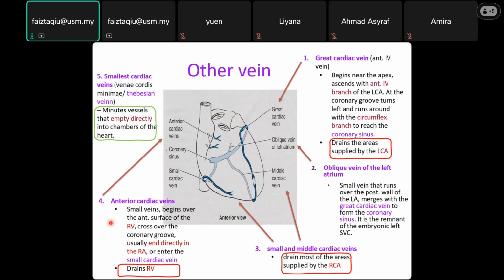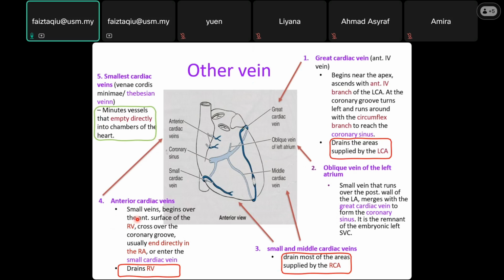Okay, what are the significant things that you can get from the drainage? Clinical significance. First of all, most of our cardiac veins drain into the coronary sinus.